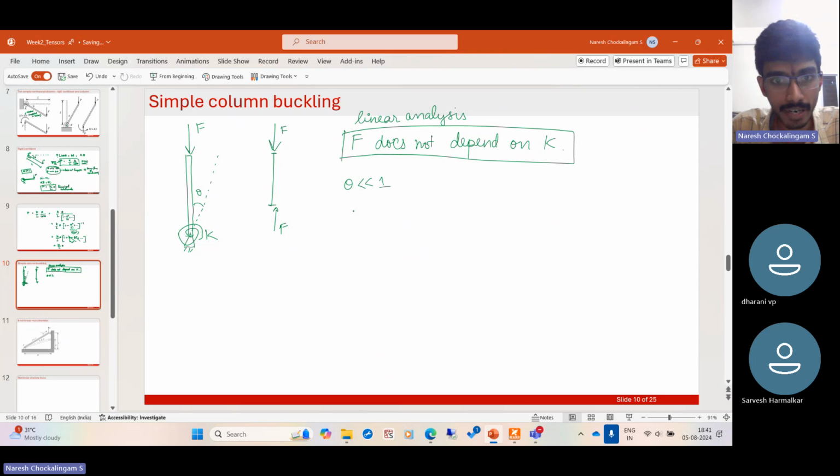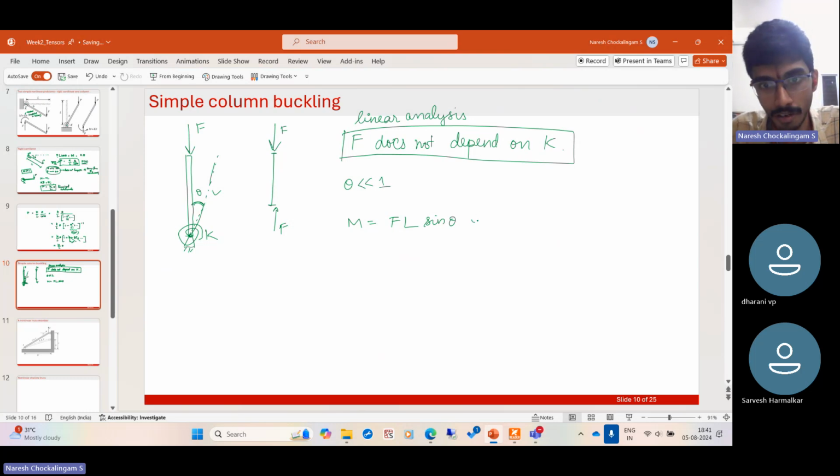In that case, what do you get? The moment at this support is equal to FL. This is L, a rigid link L. So M is actually FL sine theta.